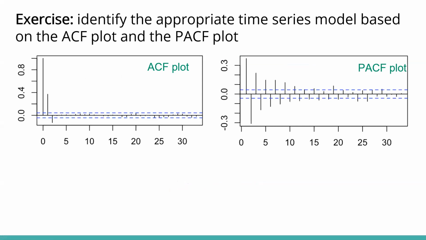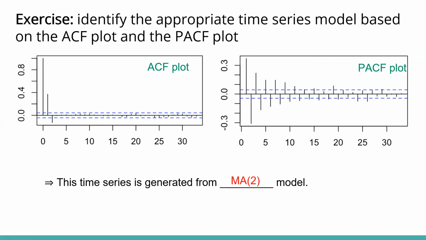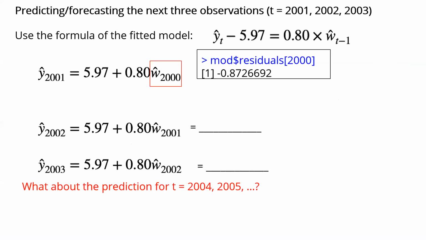And identify the appropriate time series model based on the ACF plot and the PACF plot. Now you know how to do that. Based on what I have right here, look at the ACF, look at the PACF, look at the way the PACF behaves and the way the ACF behaves.